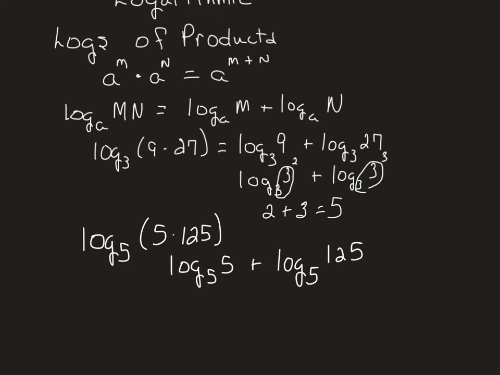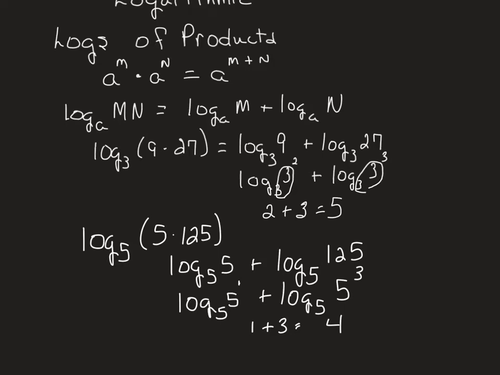Well, I can rewrite the log base 5. Now we know that this is to the first power, plus the log base 5, 125 is 5 cubed, and this becomes 1 plus 3, or 4.